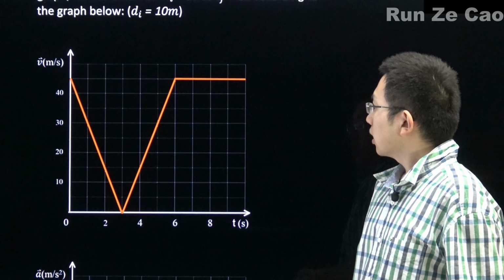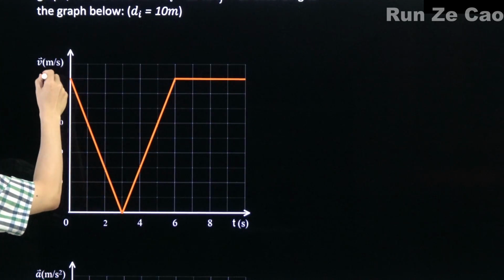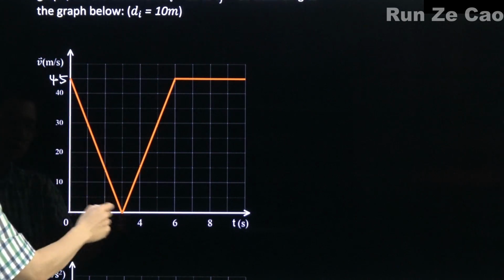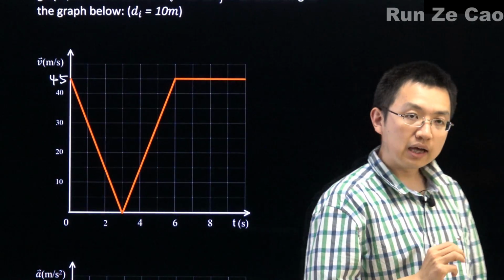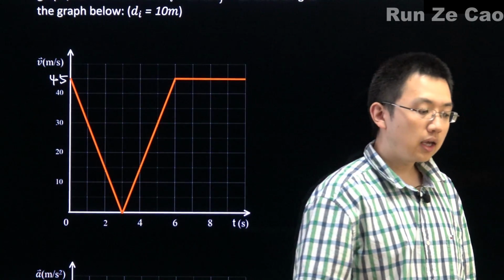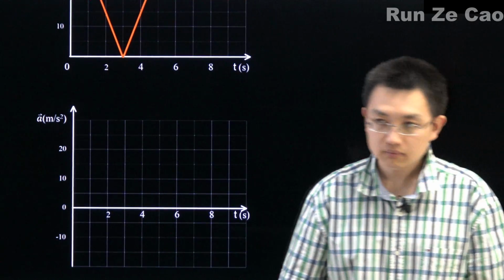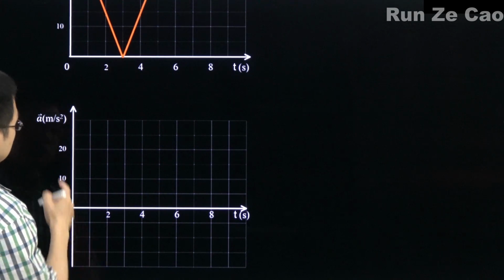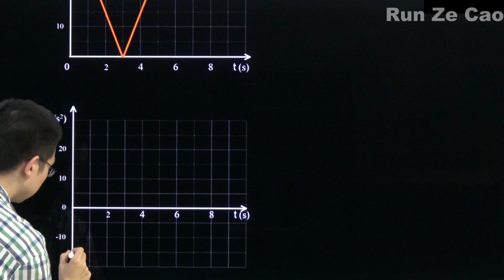Okay, so here we start at 10, 20, 30, 40, 45. And we go down to 0 in 3 seconds. So we go negative 45, being our change in velocity, divided by 3. That is, of course, negative 15. And the units are meters per second squared.